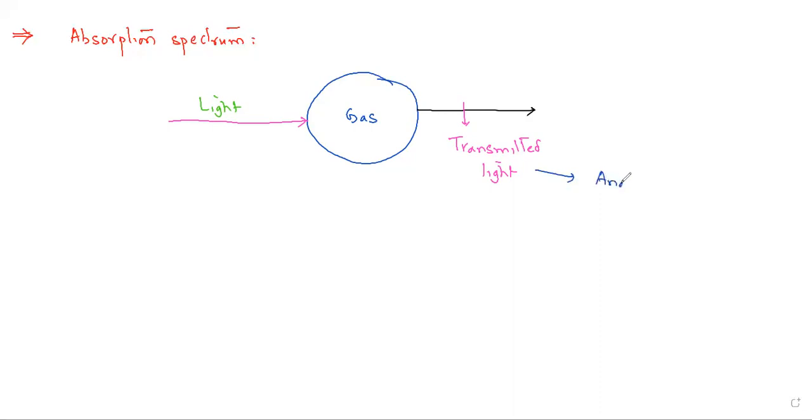This is analyzed using a spectrometer. Remember, you are not analyzing the absorbed radiation. Can you analyze the thing that has already been absorbed by the electrons present in the gas?